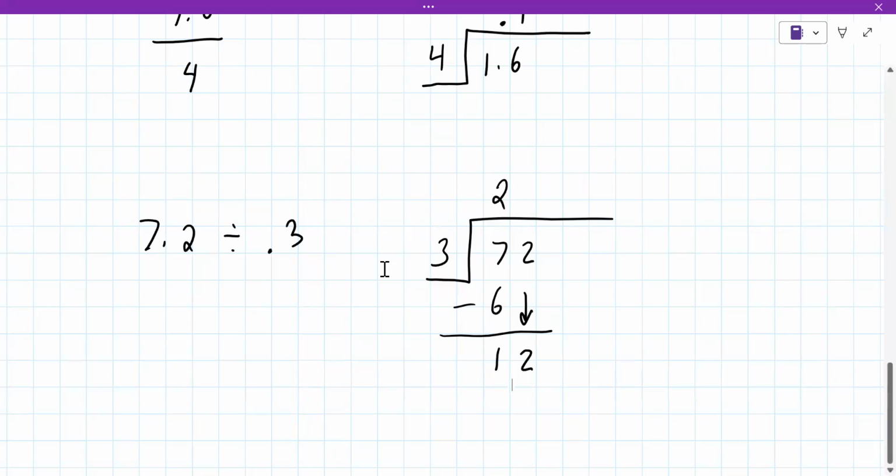Okay, you moved over the decimal in the 0.3, right? And then you also move it over there. So it's really just 3 and 72. So 24. Yes, yes. Okay.